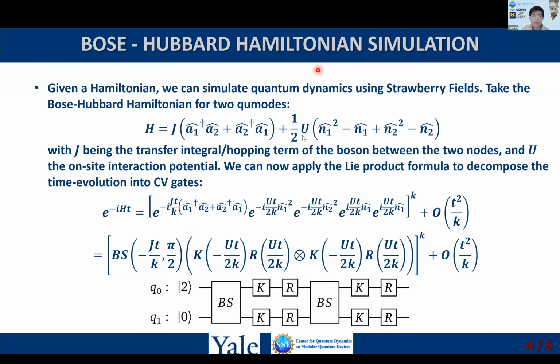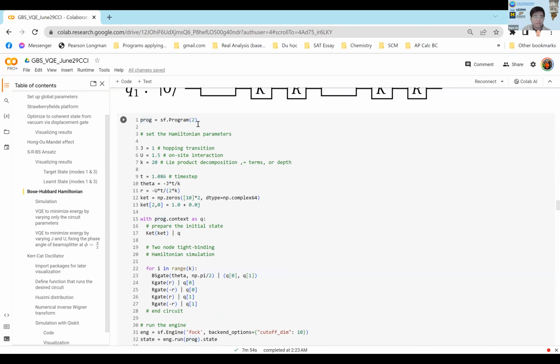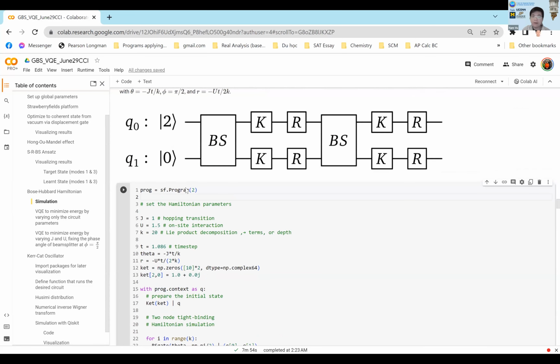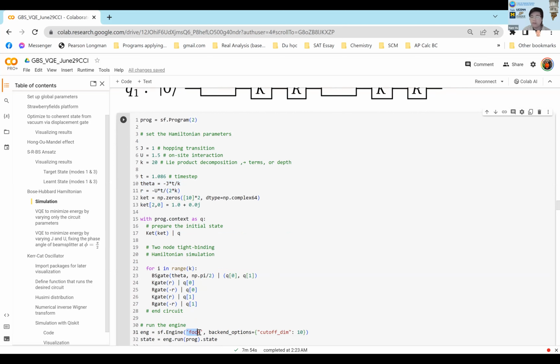So again, as you can see from this shared notebook, first I declare a program with two modes. Then I define the parameters that are needed and calculate the parameters needed for each of the gates in our circuit. The backend I'm using is the Fock backend.